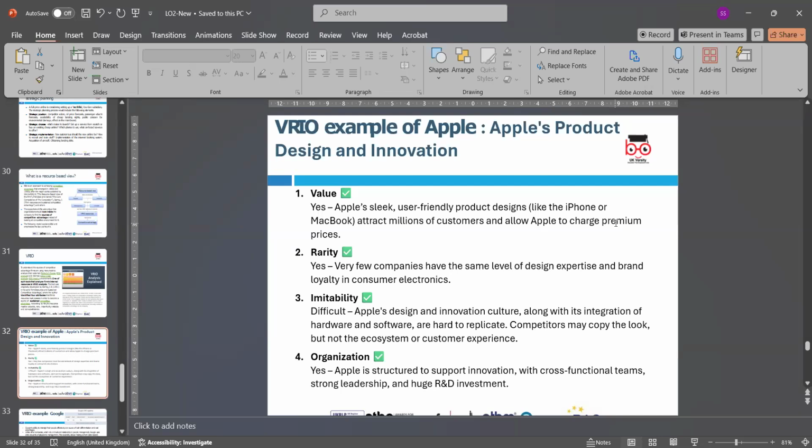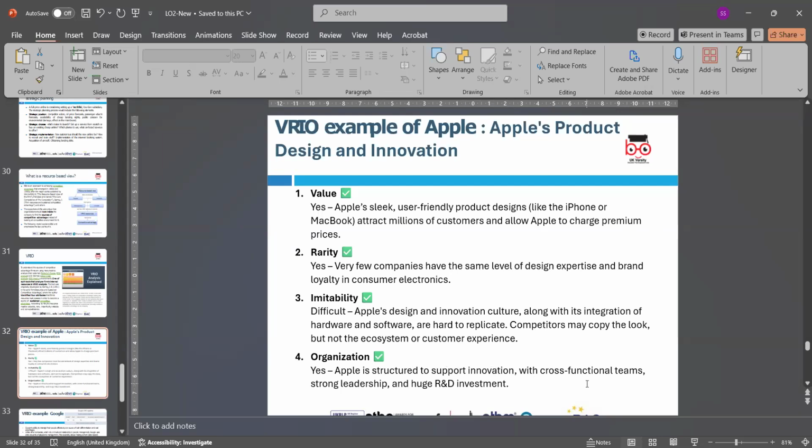Organization means how they are utilizing these resources. Apple is structured to support innovation with cross-functional teams, strong leadership, and trust. Inside the organization, they are supporting innovation. They have an innovation culture.